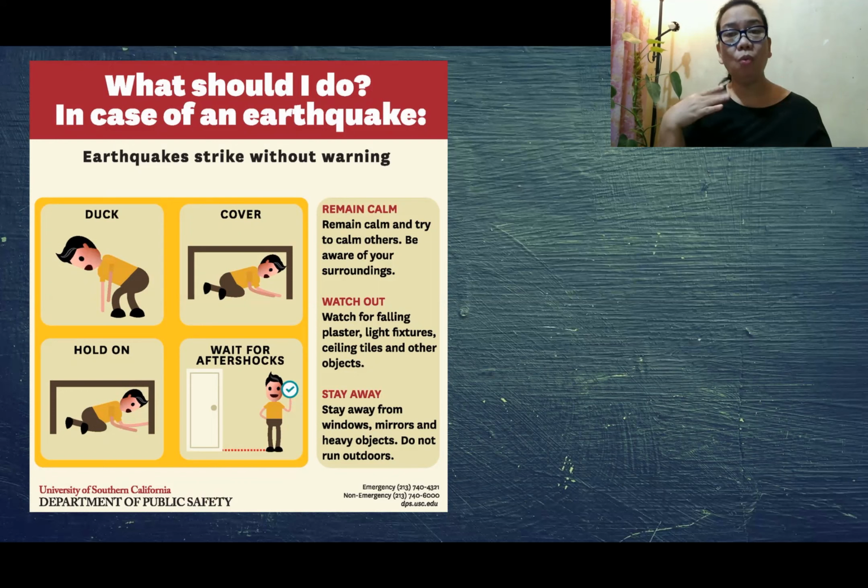After that, you have to wait for the aftershock. Because after the big earthquake, there are aftershocks, or little small movements on the ground. You must remember to remain calm.